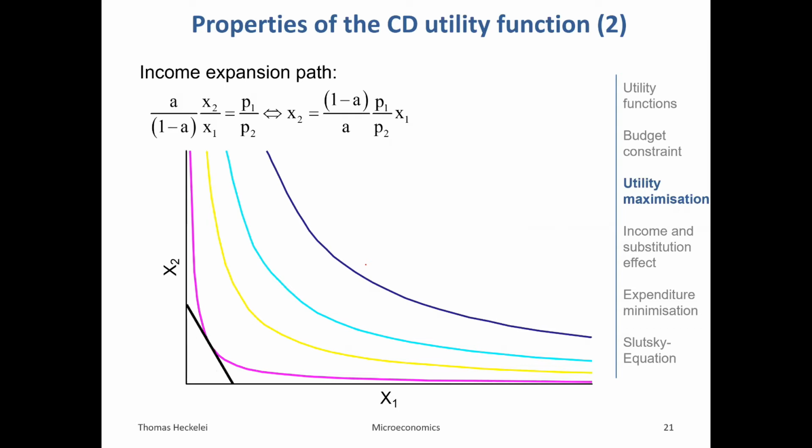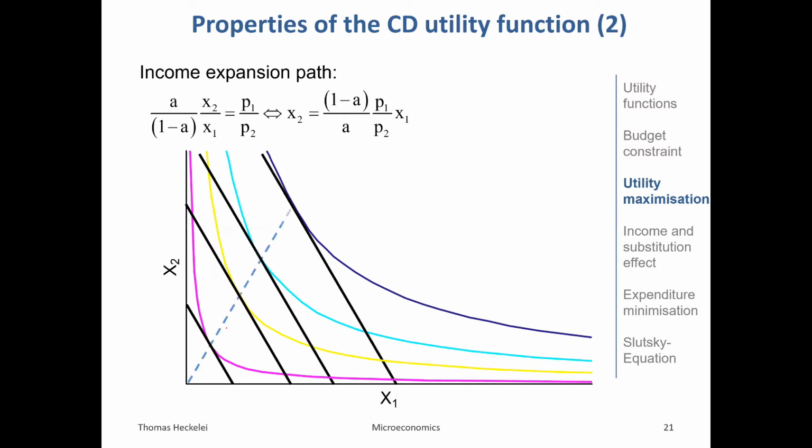So here, let's say your original budget line is that line over here. And then what happens when your income increases? Remember, there will be a shift outward, parallel to the original budget line, right?